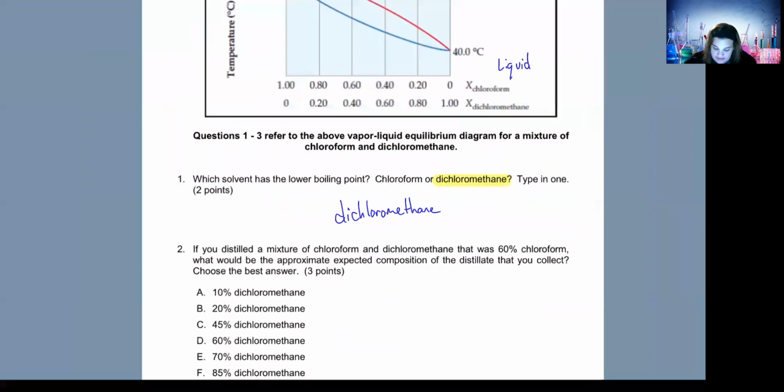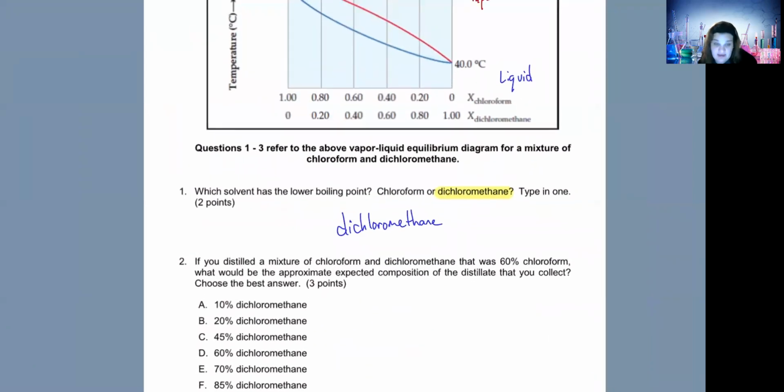Okay, our next question is, if you distilled a mixture of chloroform and dichloromethane that was 60% chloroform, what would be the approximate expected composition of the distillate that you collected? So they're telling us we have a mixture.